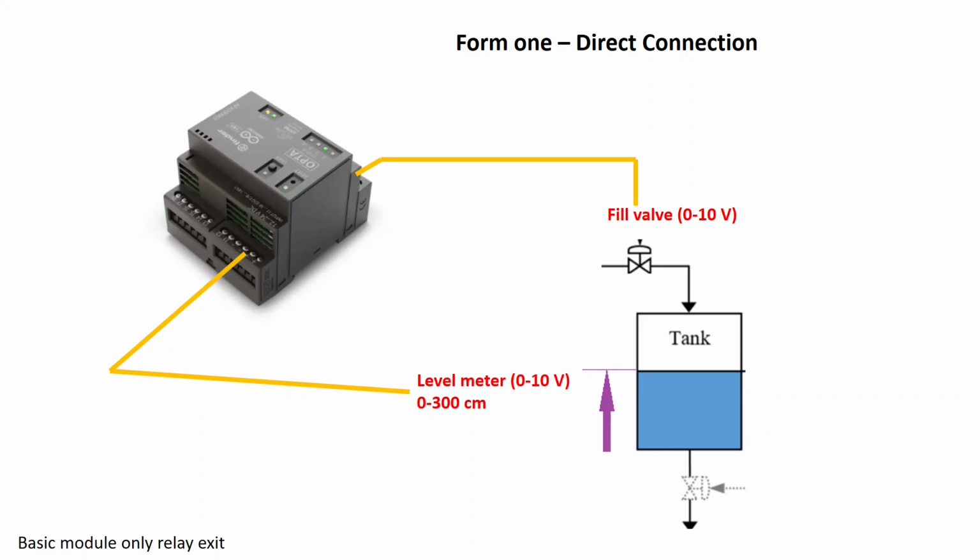However, the basic module of the Opta can read because it has an analog read, so the reading part could be done, but for the output it's just a relay, so it's either 0 or 10. You can't send 5.7 volts. So this way will not work unless you have an expansion module, in which case you can do it like this, no problem.